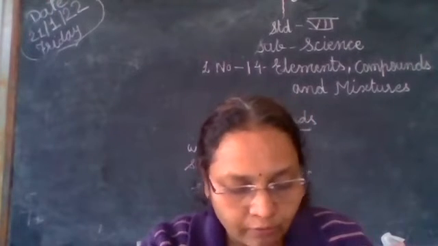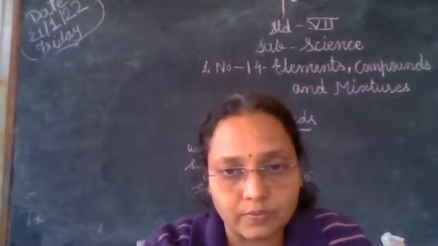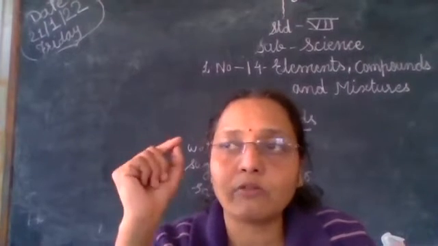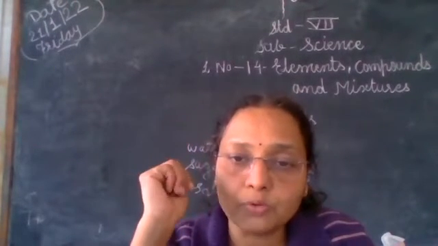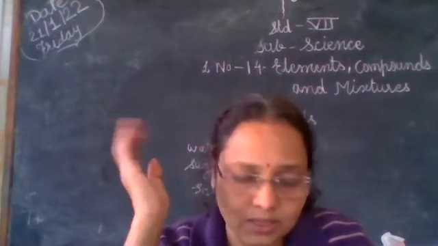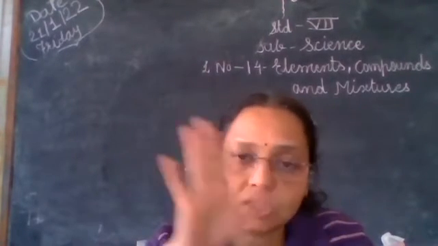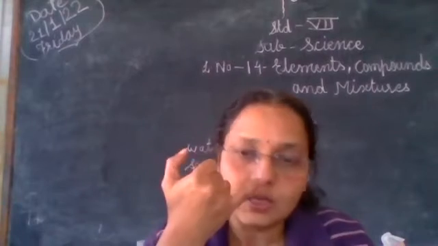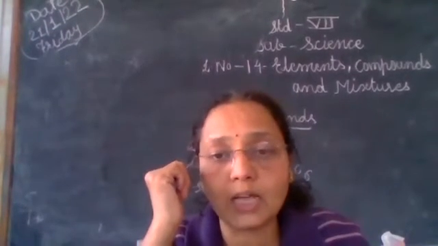So the proportion of various components in a mixture is not fixed. Okay, you require a small quantity of salt, you require more quantity of sugar to add the taste. So its proportion is not fixed in a mixture. जैसे कि air is a mixture, air में क्या है, proportion fix है क्या?